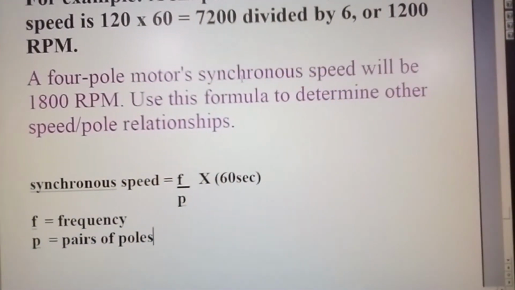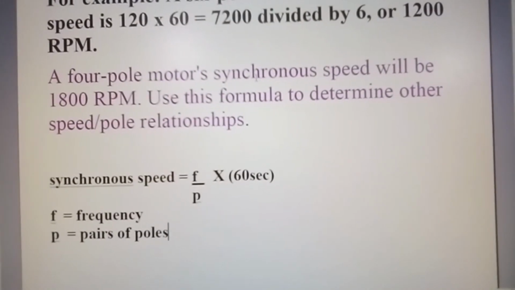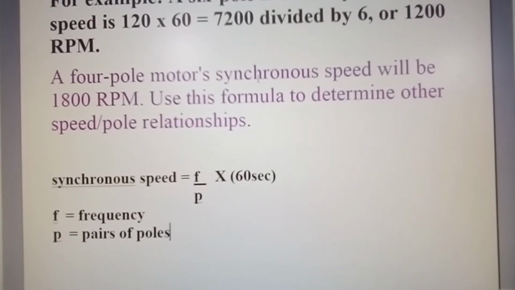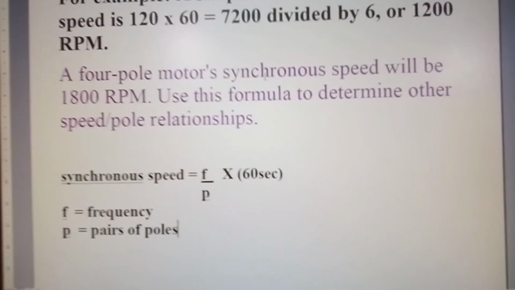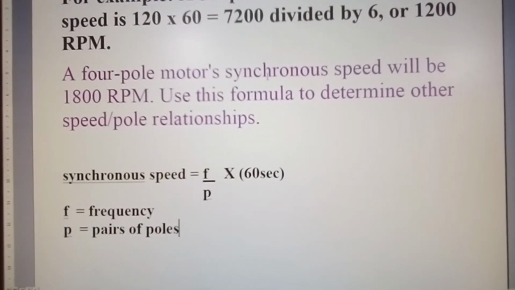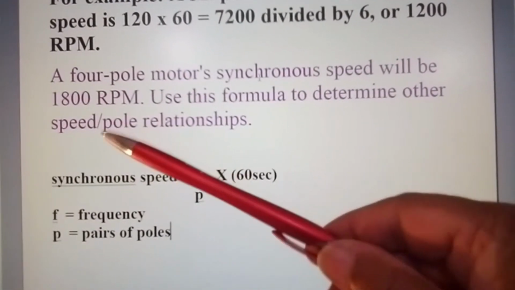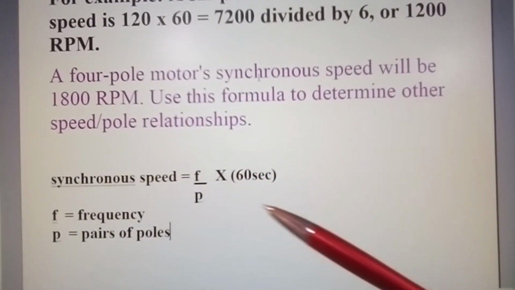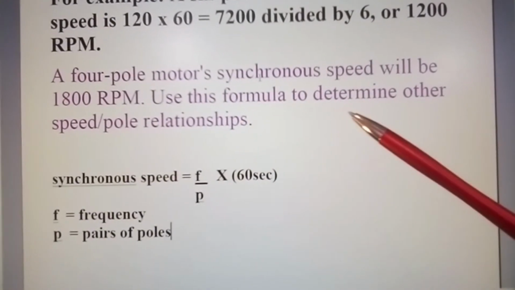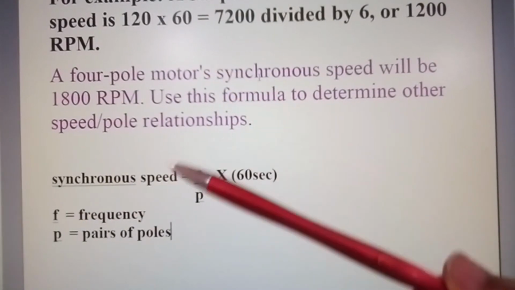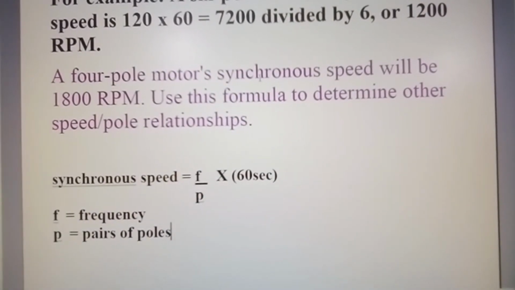Now there's another way, of course, to calculate that, but I'm just dealing with one for the moment. You can look up the others for yourselves and apply them for your individual case. A 4-pole motor synchronous speed will be 1,800 revs per minute. Use this formula to determine other speed-pole relationships. I will leave that to you.